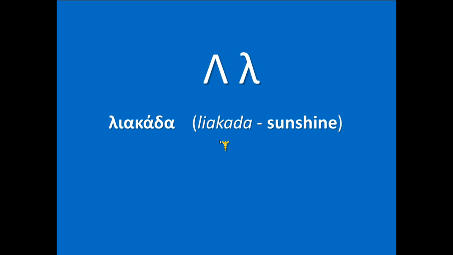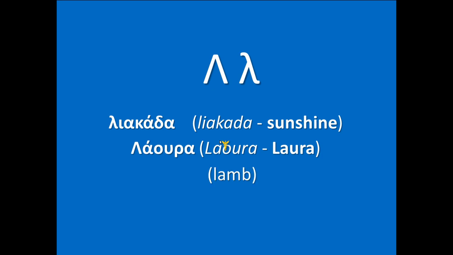Next letter is lambda. A word that starts with this letter is ilios, that means the sunshine, or the name Laura. It is pronounced L, like lamb.